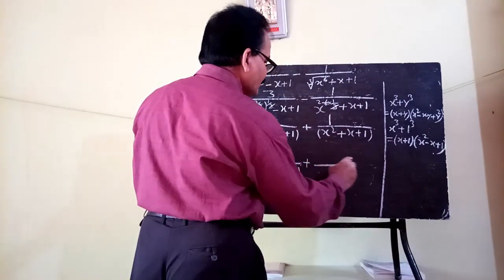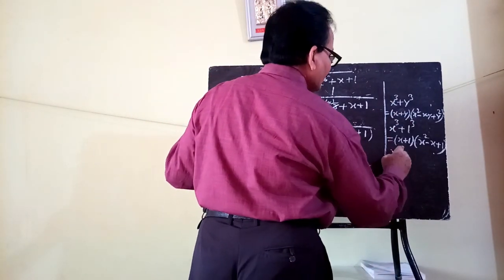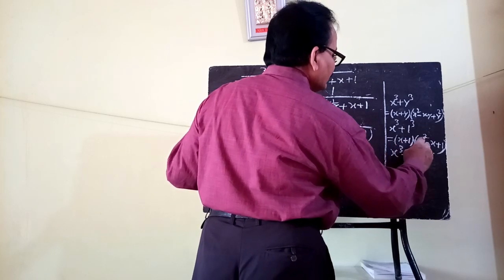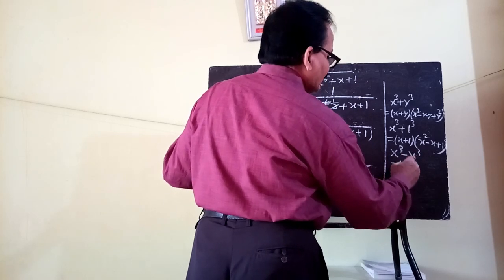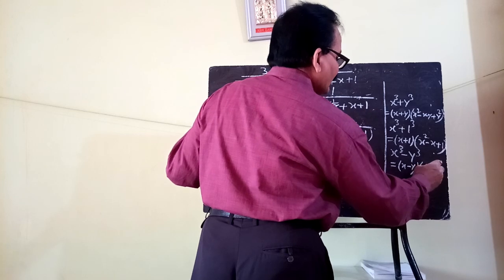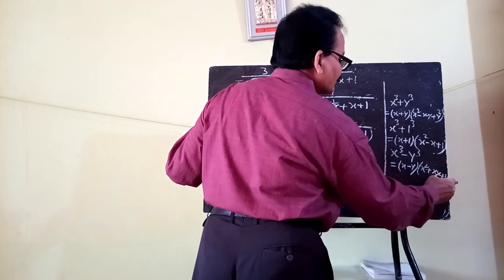Similarly here also, if you see the relation of x cube minus y cube, the answer is x minus y and x square plus xy plus y square.